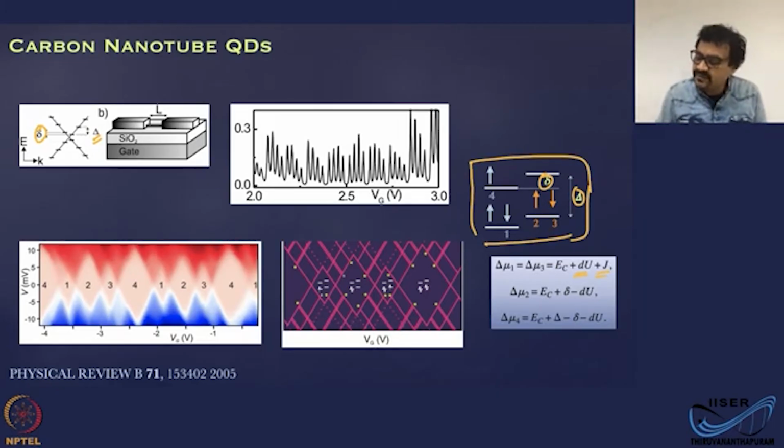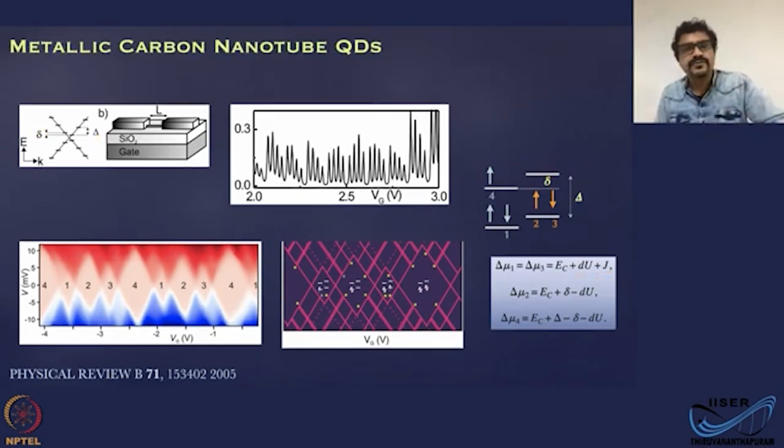So you start from the one electron which is already there, then the next electron is going to fill the same state. The second electron will go to the next level, that is basically charging energy plus delta, that's the offset.